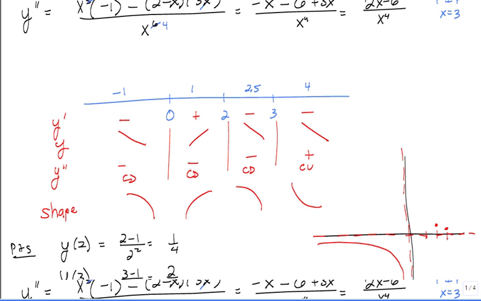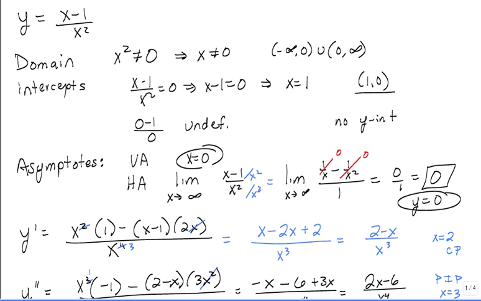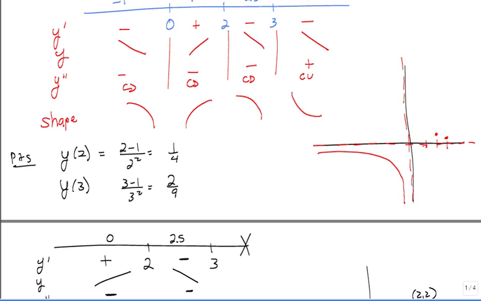I have an x-intercept at (1, 0), so I have that point. So it does cross the horizontal asymptote, so it's concave down until it gets to 2. And then it's concave down until it gets to 3, and I'm just connecting the dots, and now it's concave up.